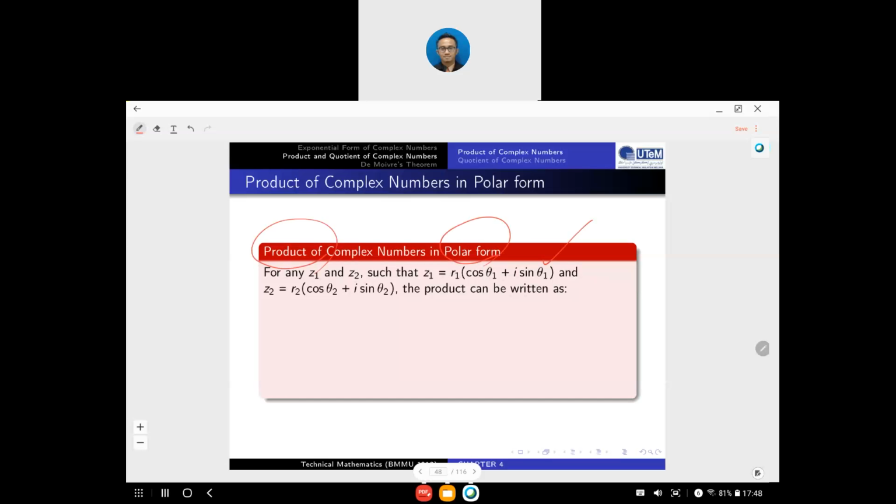Your Z2 is also the same thing in polar form, involving R and cos. Then we can take the product between Z1 times Z2.